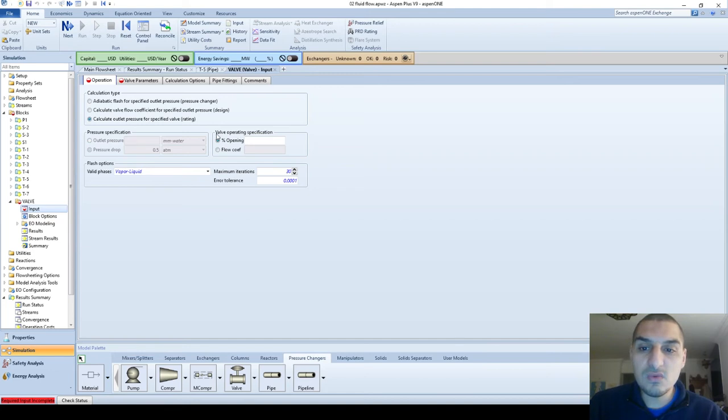I now have the option either to provide the percent opening or the flow coefficient of the valve. I can put it like 50% opening, and just keep in mind that in some cases, like the mass fractions and the mole fractions, it's important. There is a difference between the fraction and the percentage.